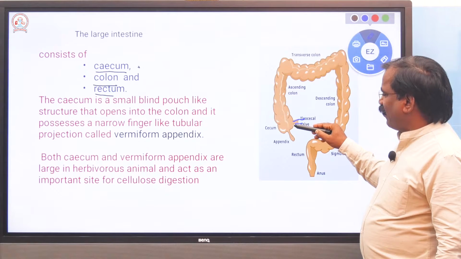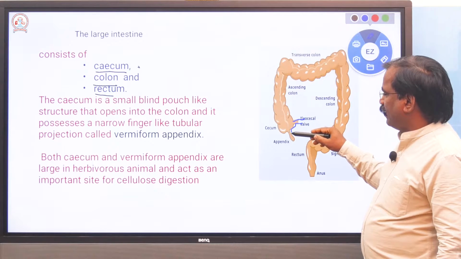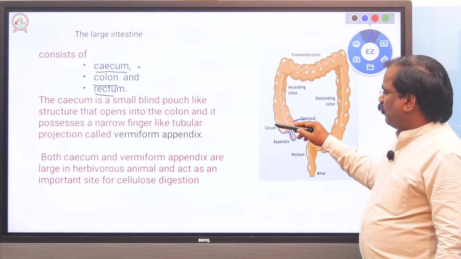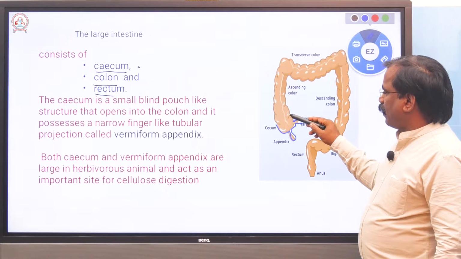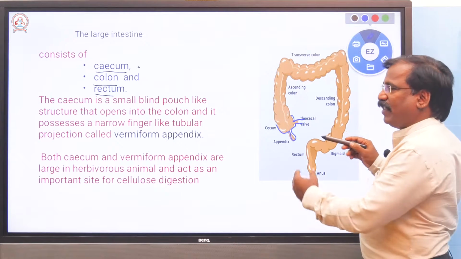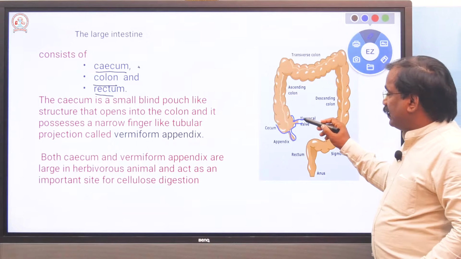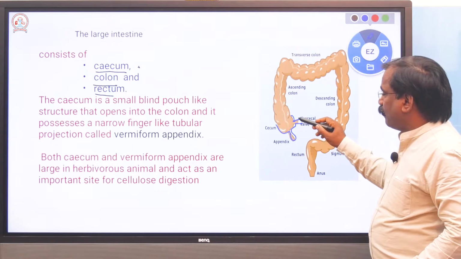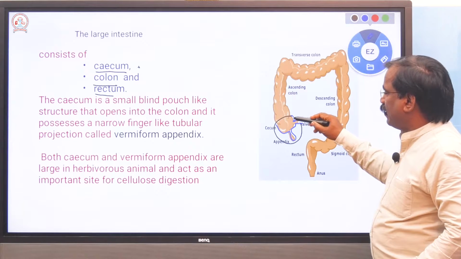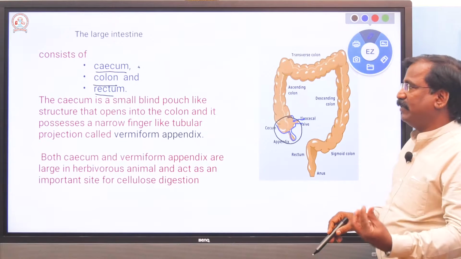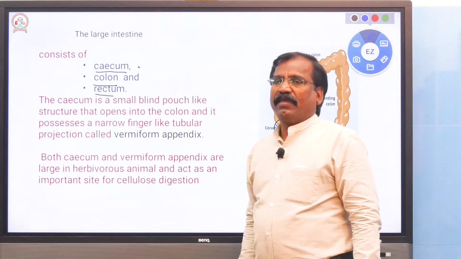After that, the large intestine, the region where the small intestine attaches with the large intestine, that blind sac-like region, that is cecum.